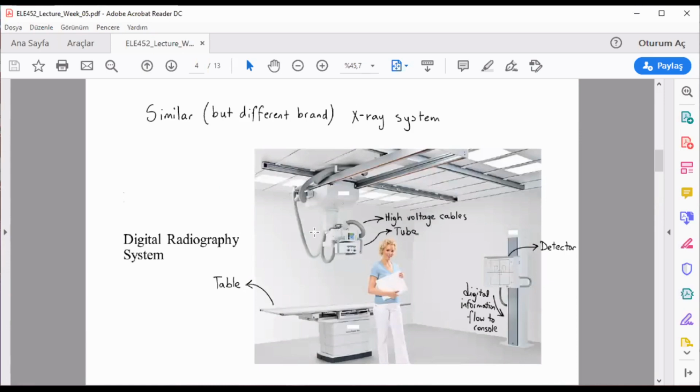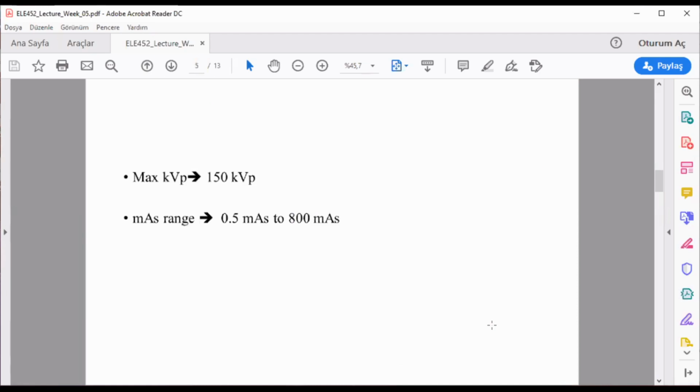This is another kind of conventional table X-ray system with a little bit more mechanical accessories. Let's say it can move from the ceiling with a wider area, etc. So these can also be found in the clinical environment.